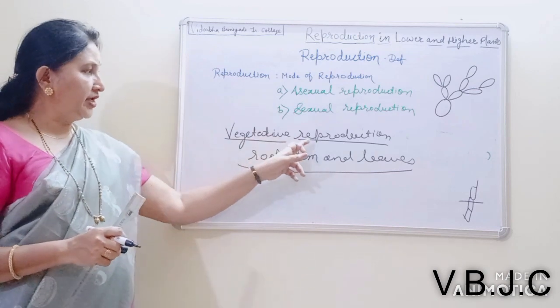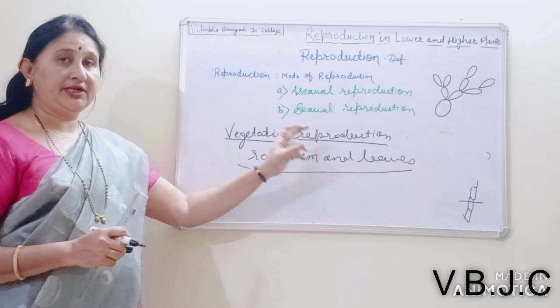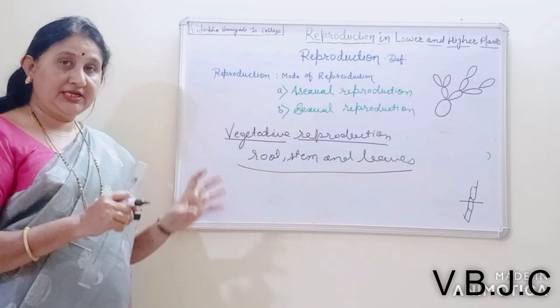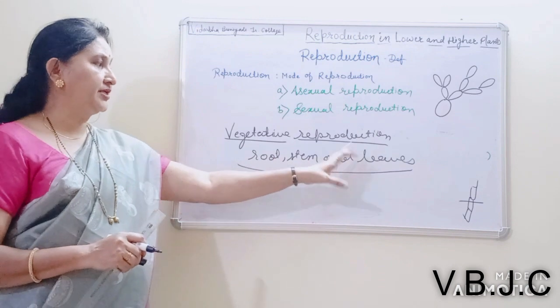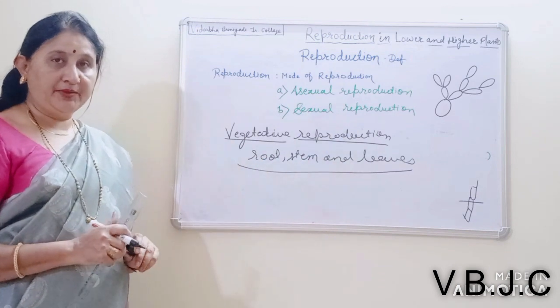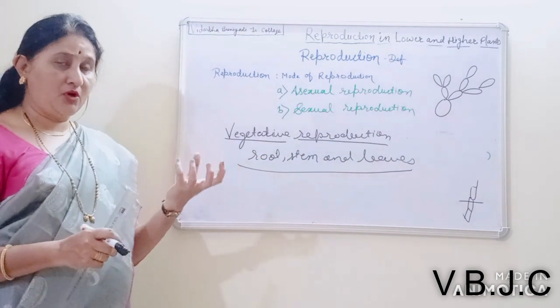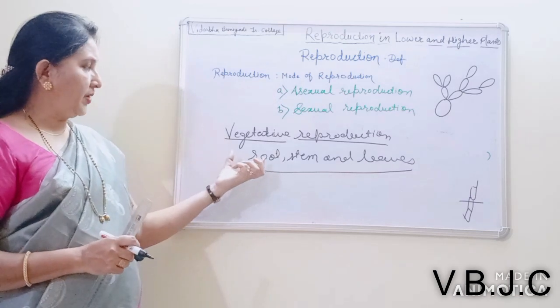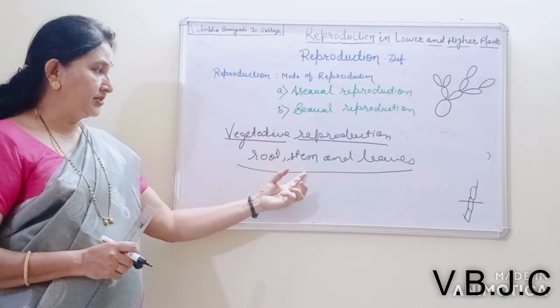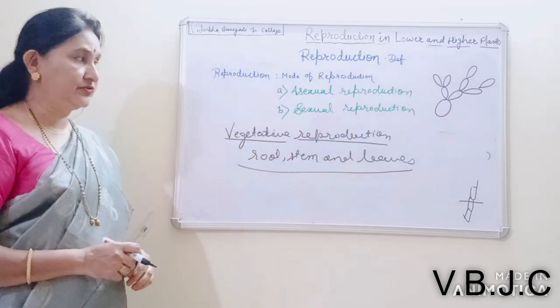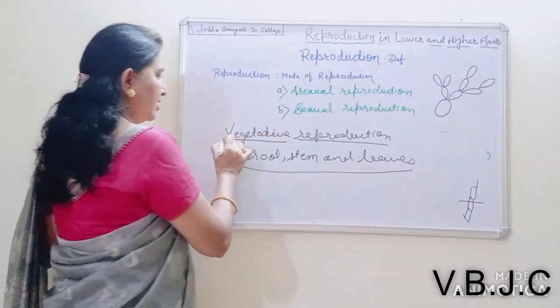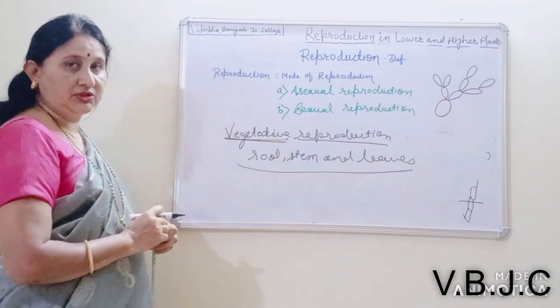This vegetative reproduction or vegetative propagation takes place by the vegetative part of the plant, maybe root, stem and leaves. A small piece of the vegetative part of the root, stem or leaves also gives rise to a new individual. That's why it is known as vegetative reproduction.